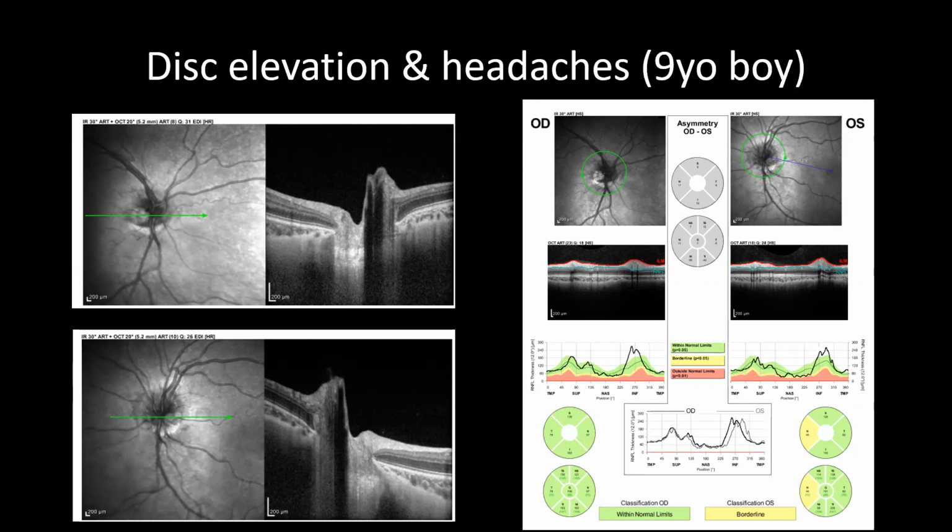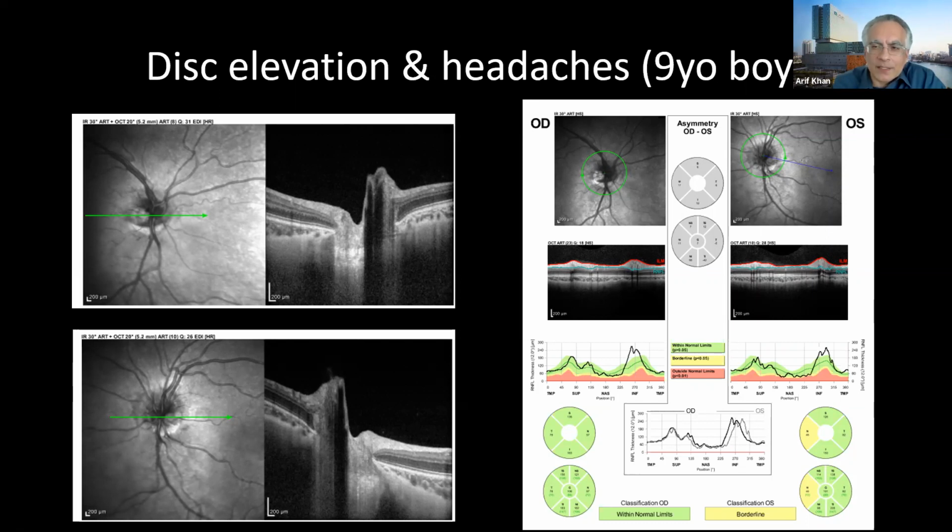I really want to highlight, there are signs that can be suspicious for papilledema in an OCT, but no way can you be sure from an OCT alone whether or not there's papilledema. That's a very strong point that needs to be made. Certainly it can be very suggestive, but it's never 100%.